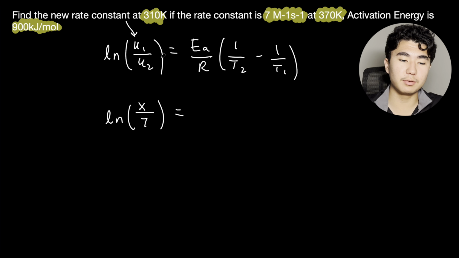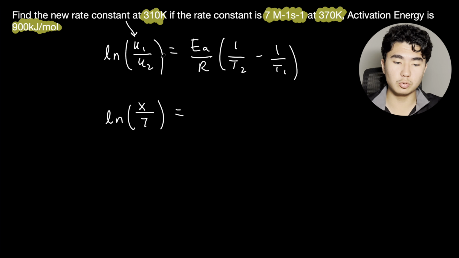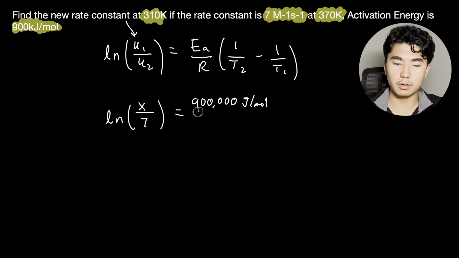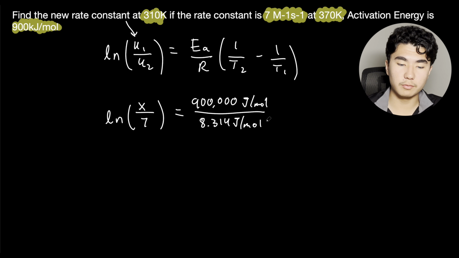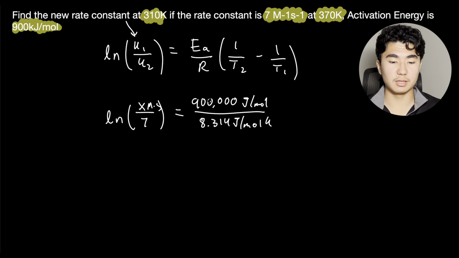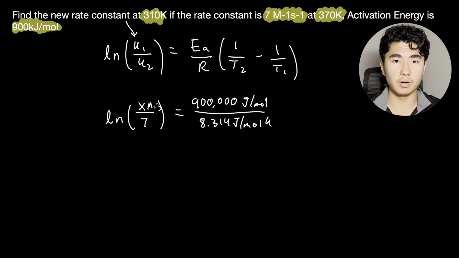I'm going to convert this 900 kilojoules to joules, so this would be 900,000 joules per mole over our universal gas constant, 8.314 joules per mole Kelvin. And I'll put my units over here.